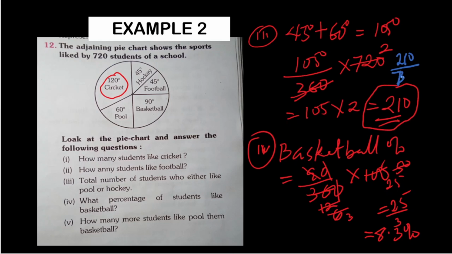That will be 720 multiplied by what? 100. Earlier we were dividing by 360 because we were looking at the angle, we were given 90 degrees, so the total degrees is 360. But here it is the number of students. Total number of students is what? 720. That's why we are dividing by 720.